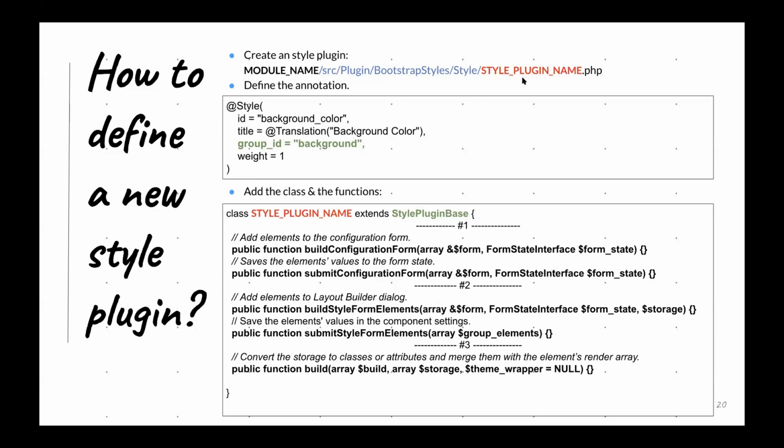And then you give a unique name to your style plugin. The annotation is almost the same: the ID, title, weight. We do not have an icon here, but we have a group ID to make the relationship or the dependency between the style plugin and the group plugin.